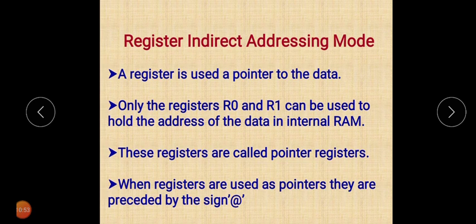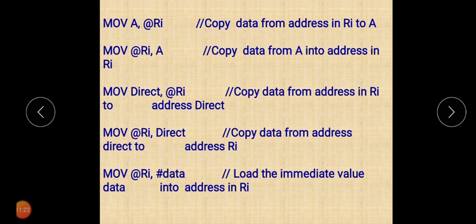One important thing to note here is we can use only the registers R0 and R1 as pointers, or the registers to hold the address of a data. These registers are called pointer registers, and to specify that these registers are used as pointers, they are preceded with the sign @. We will see an example.